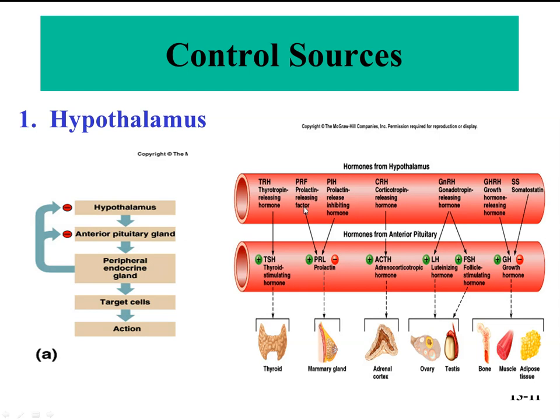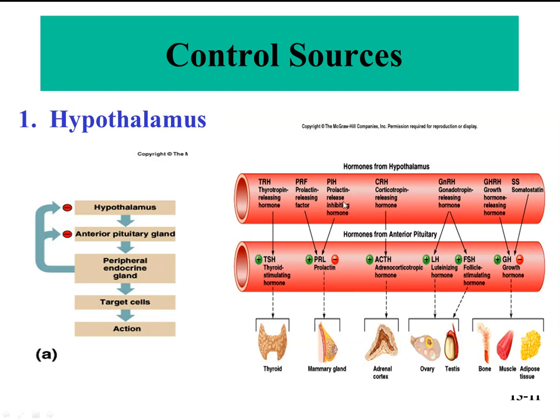And so prolactin releasing factor can be released by the hypothalamus near the end of pregnancy and after the baby has been delivered. This prolactin releasing factor can be released by the hypothalamus, and that hormone will go to the anterior pituitary, where the anterior pituitary will release the hormone prolactin, which stimulates the mammary glands to produce milk.